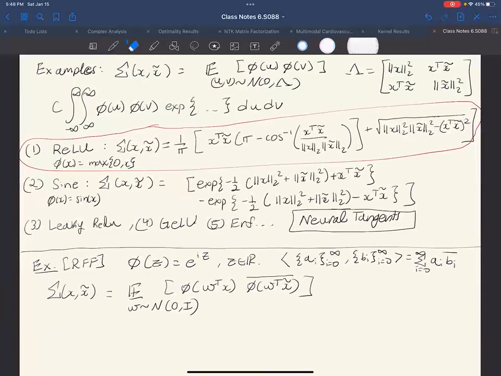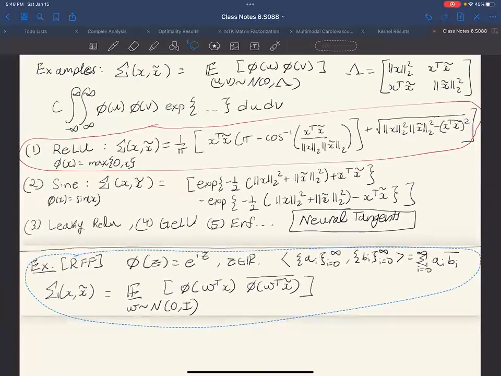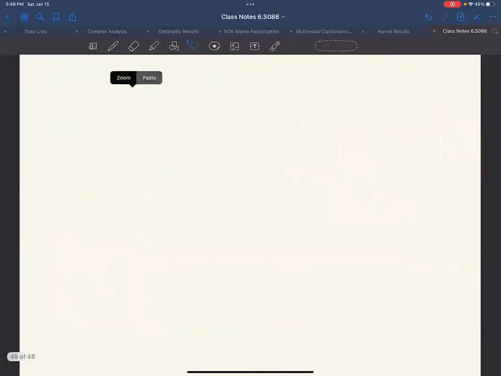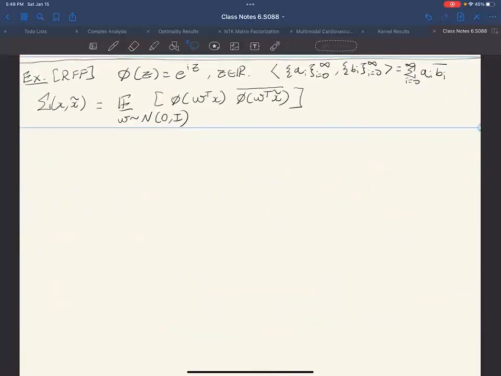Well, let's copy it over to the other page to give ourselves a little more room. Let's substitute in what happens with our phi of z being e to the i z.